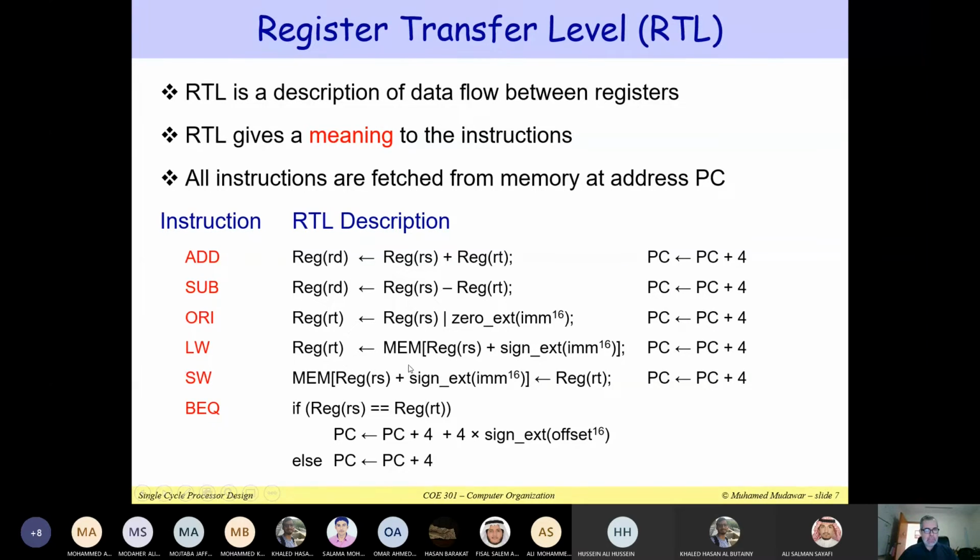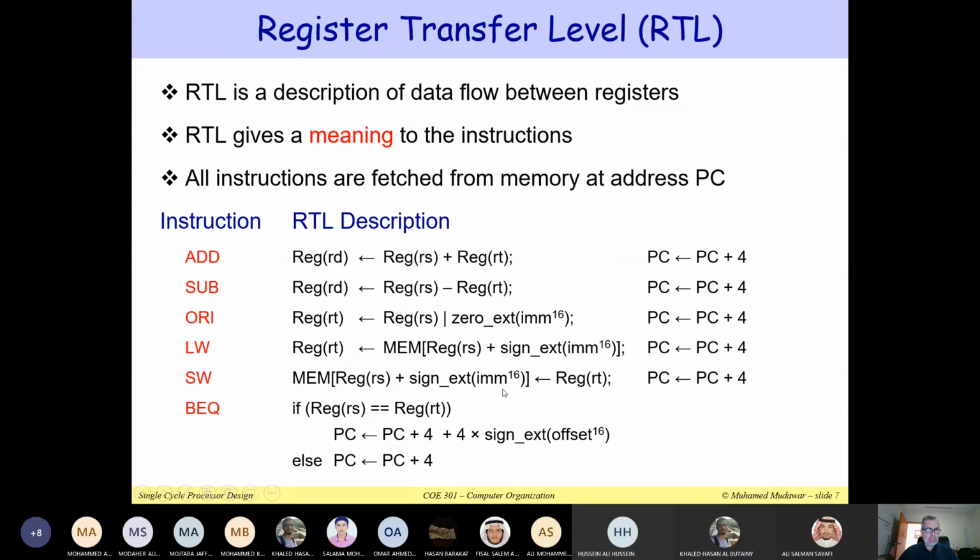So in the case of load and store, we calculate the memory address. The effective address in memory will be the value of register RS plus the 16-bit immediate. Notice that the 16-bit immediate is sign extended to 32 bits because the immediate can be negative. So for this reason, we have to do sign extension, not zero extension. Whereas in the case of the OR immediate, we do zero extension because the immediate is unsigned.